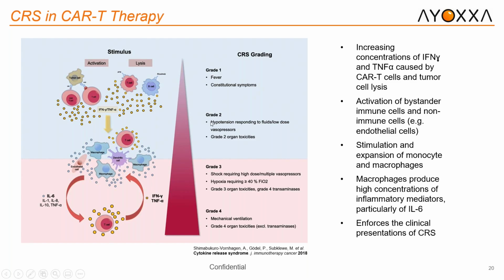Activation of bystander immune cells and non-immune cells, for example, endothelial cells. Stimulation and expansion of monocytes and macrophages. Macrophages produce high concentrations of inflammatory mediators, particularly IL-6, which then enforces the clinical presentation of cytokine release syndrome.